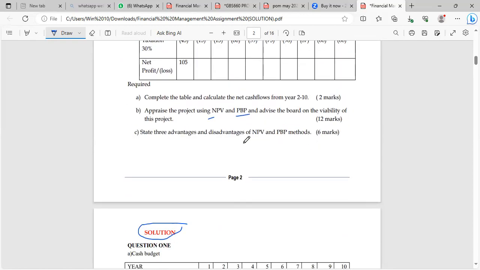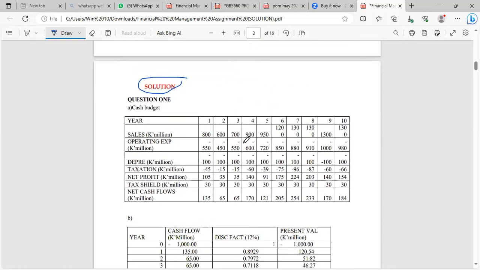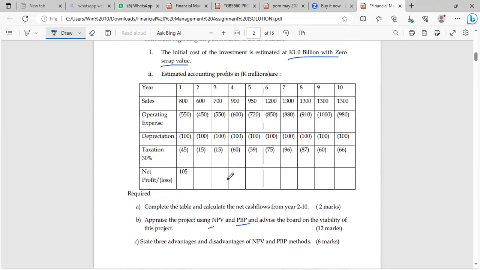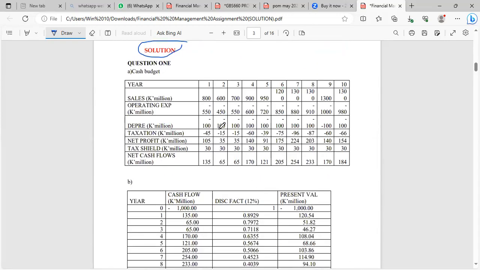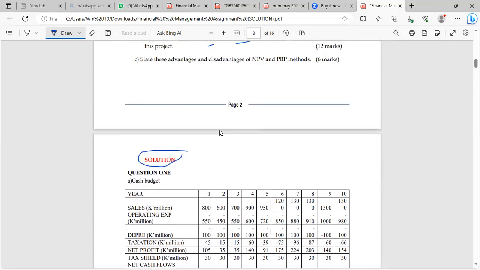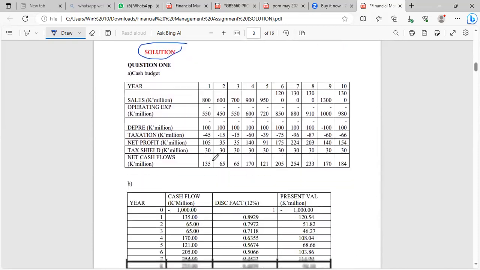All right, so now getting down to this one, we have the taxation of 45, all these ones. So the profit for the first year, the tax shield, which is tax on depreciation, should be added back.